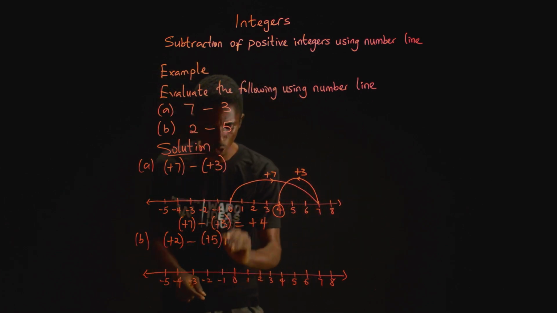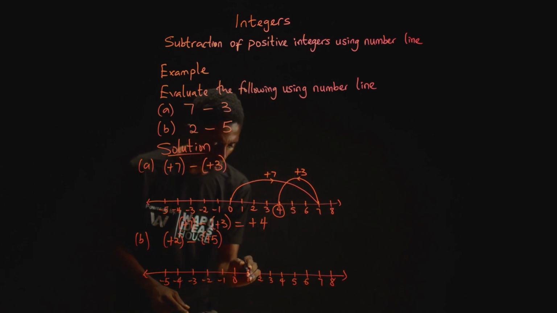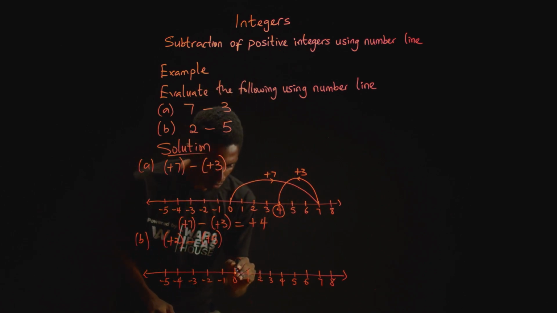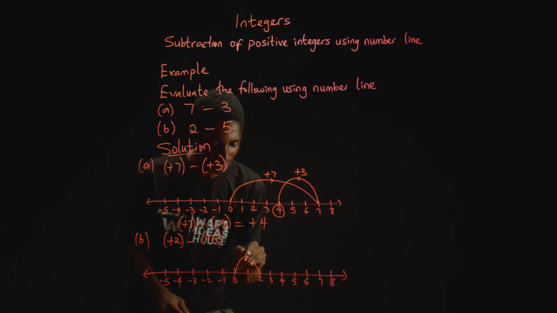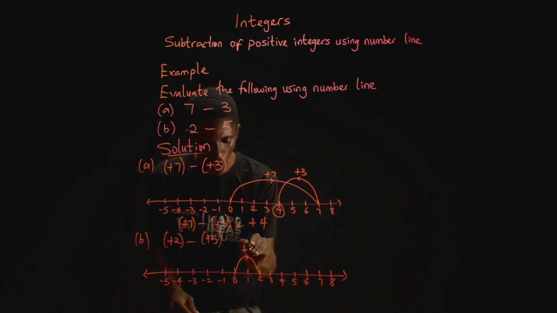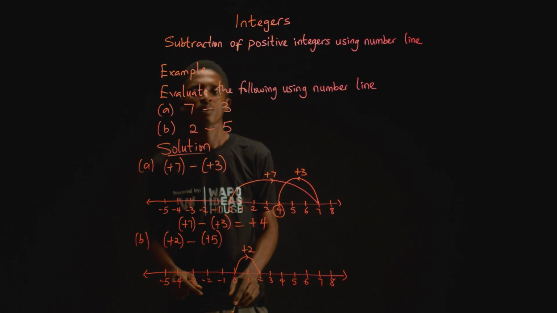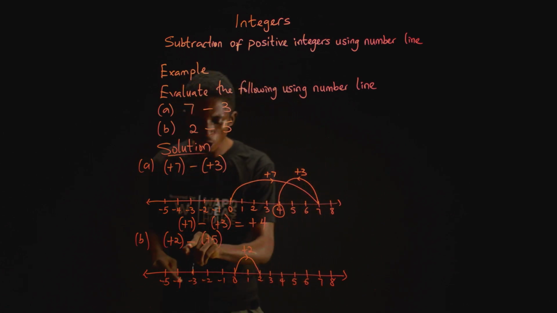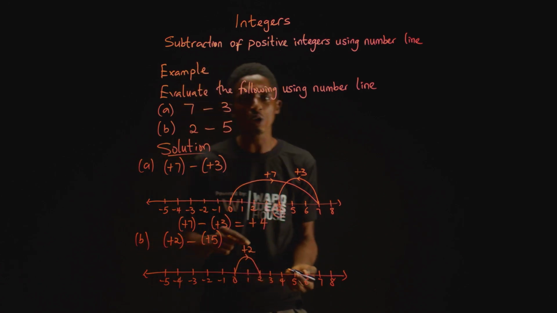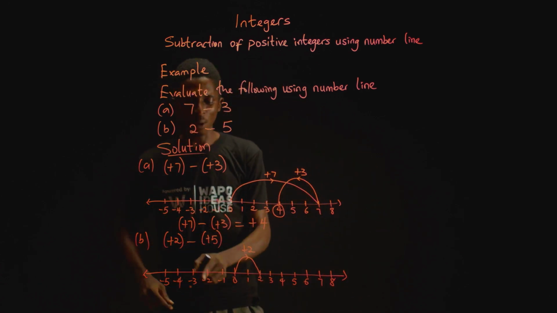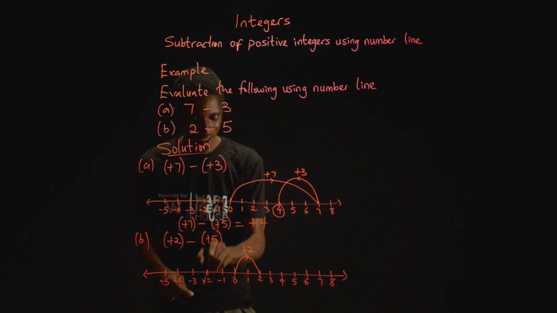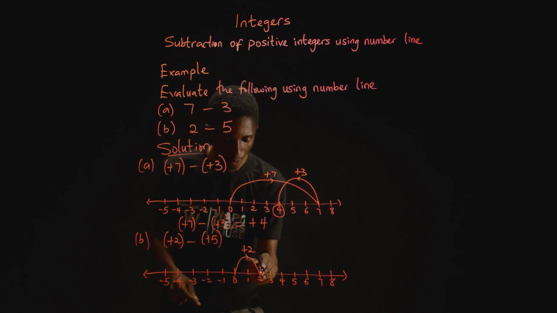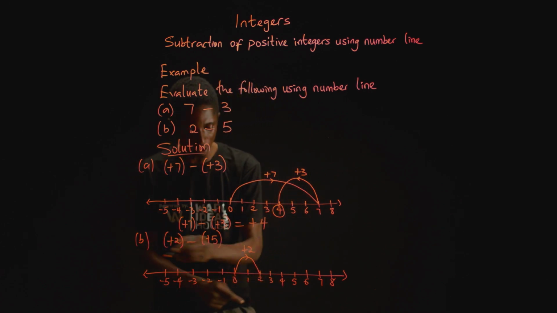Now, to perform the first one, where we have plus 2, we move to the right. The right of 0 in 2 steps will be 1, 2. This indicates plus 2. Now, we subtract plus 5. Whenever you perform the subtraction, you move to the left. And we are moving in 5 steps to the left. So from where we have stopped, we move 5 steps to the left.